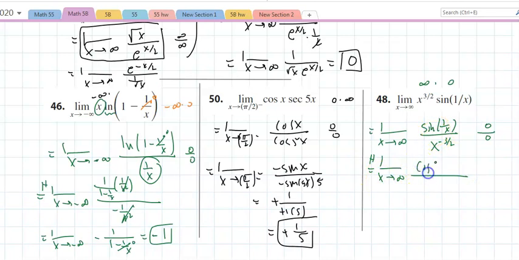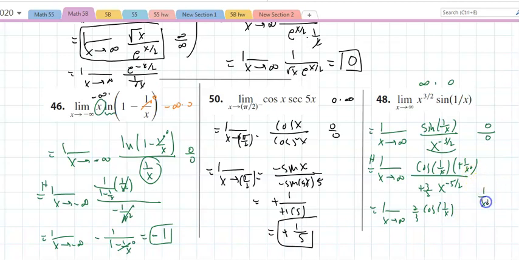Derivative of sine is the cosine of 1 over x times negative 1 over x squared. Derivative of x to the negative 3/2, bring the power down, subtract 1 from the power. This is the limit as x approaches infinity. And let's see how this works. This is actually positive 2/3 the cosine of 1 over x.